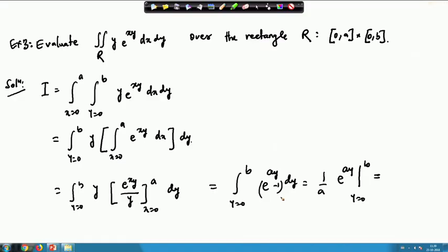We will have a minus 1 here, and then this will be e to the power y minus y, and when we substitute for y, this will be 1 by a e to the power ab minus b minus e to the power 0. So, this is 1. So, basically our result is 1 by a e to the power ab minus b minus 1.